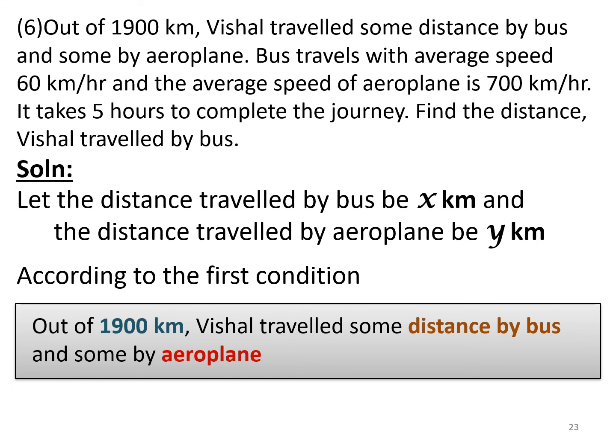So 1900 kilometers is the total distance he has covered. This distance he has covered by using two modes of transport, that is bus and aeroplane. Therefore, the equation goes as x plus y is equal to 1900 and this is equation 1.